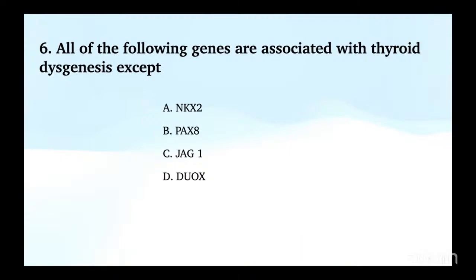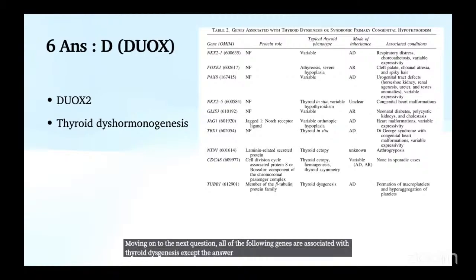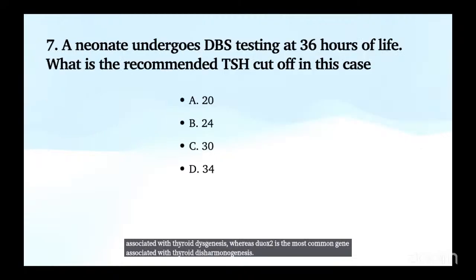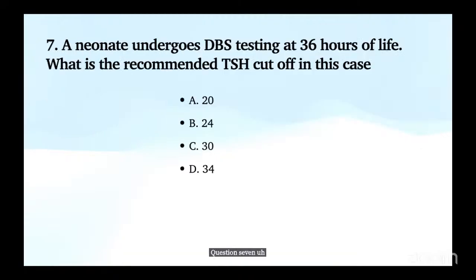Moving on to the next question, all of the following genes are associated with thyroid dysgenesis except. The answer is DUOX. All the other genes are associated with thyroid dysgenesis, whereas DUOX2 is the most common gene associated with thyroid dyshormonogenesis. Question 7. A neonate undergoes DBS testing at 36 hours of life, and what is the recommended TSH cutoff?